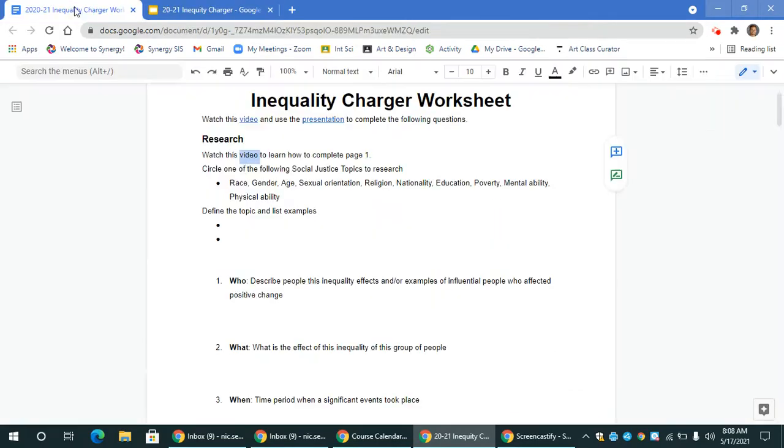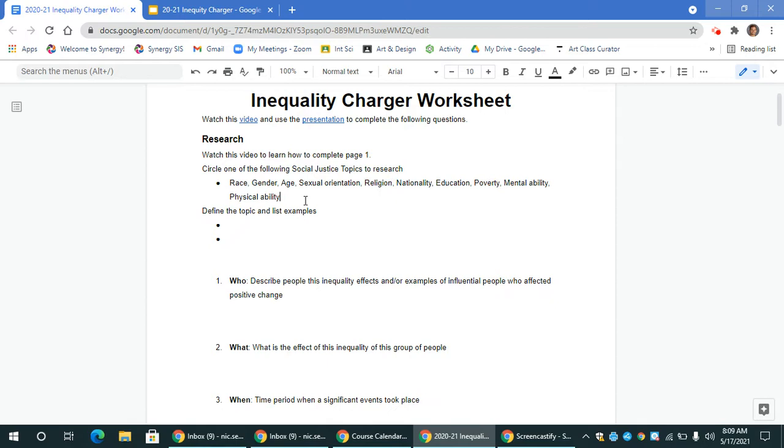If we look at the presentation, now you should know the definition of social justice, and it's going to be your job to choose one of these different categories that people could be discriminated against. Now, you might not know exactly what we mean by discrimination or examples of discrimination for religion, for example, or poverty or other things.